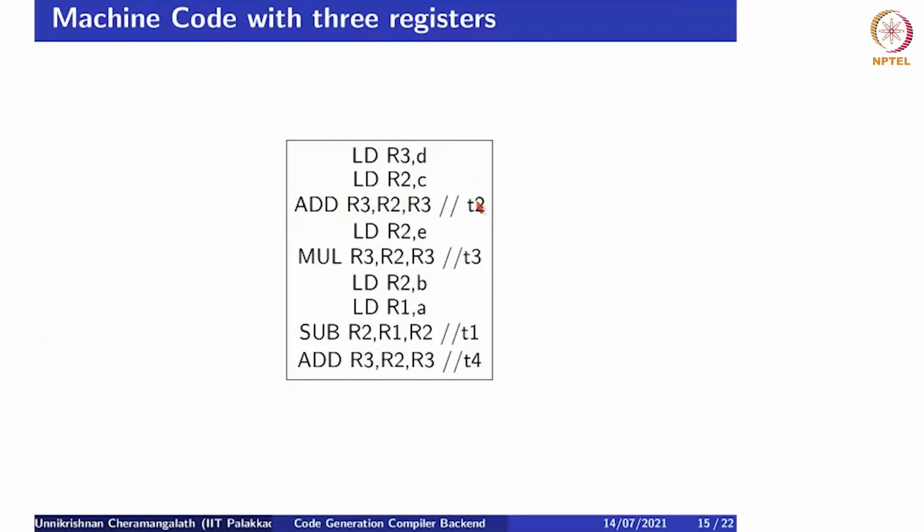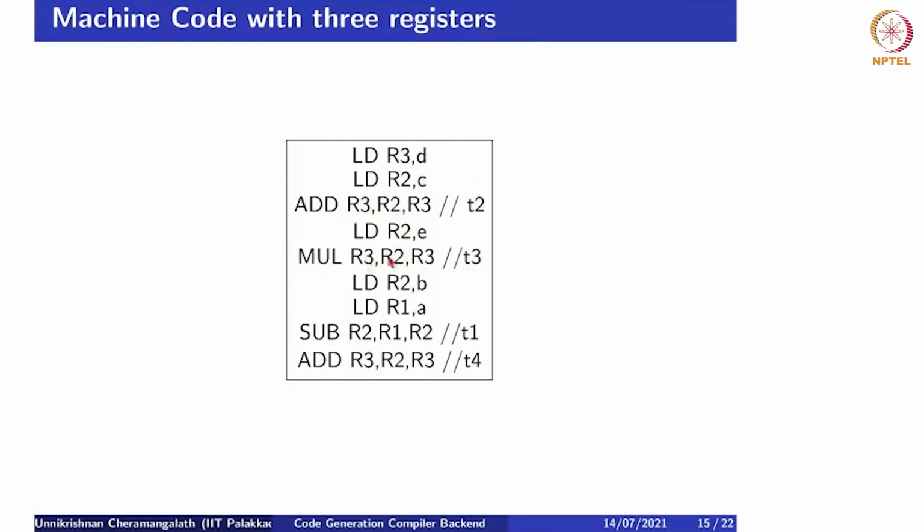Now R3 holds the value of T2, and R2 is now free. Now to compute T3, you load E into R2, then again use mul R3, R2, R3, and you get the result in R3.